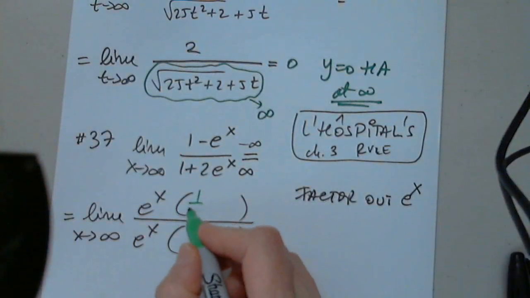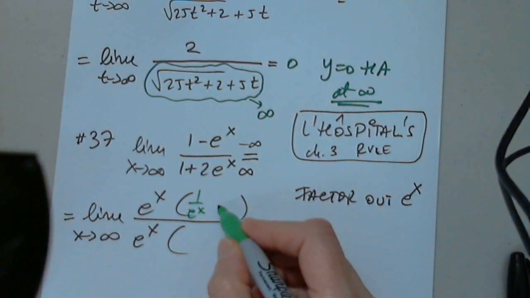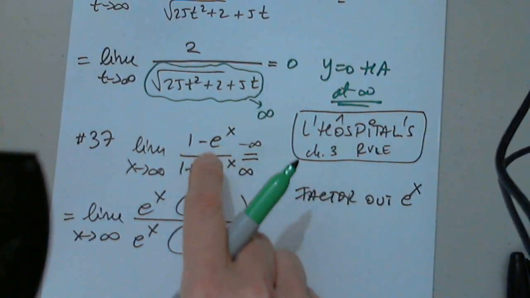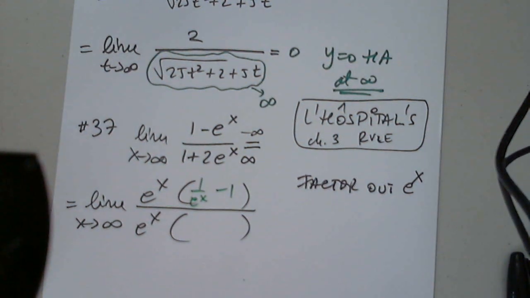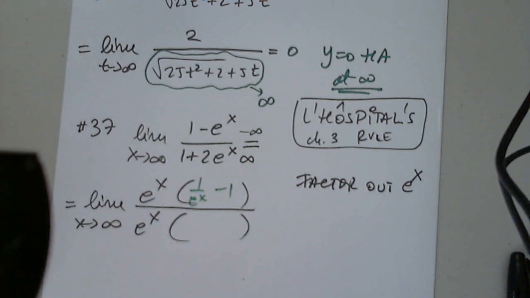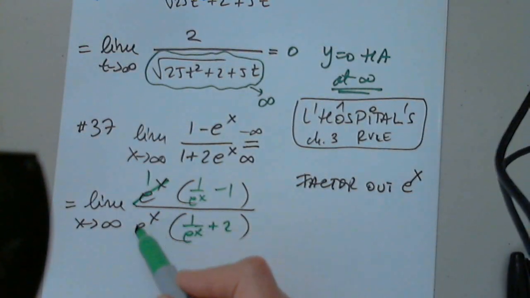Yes, awesome. We have 2 terms. I have to have 2 terms here. -1. Good, good. And in the denominator? 1 over e to the x plus 2. Awesome. Of course, that was my hope, to be able to get rid of the problem.